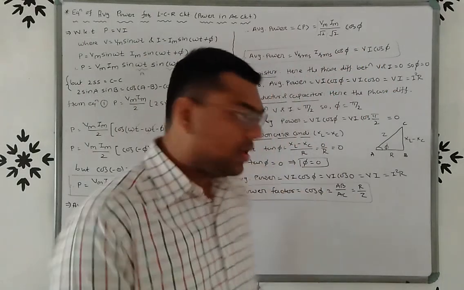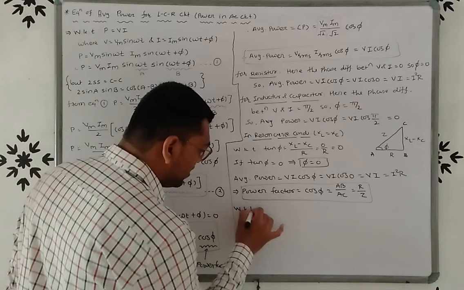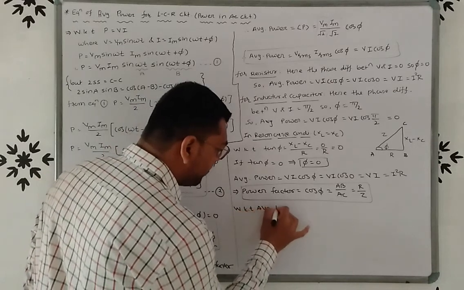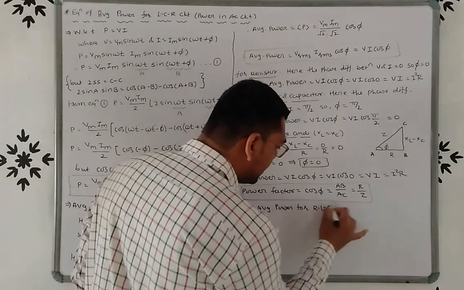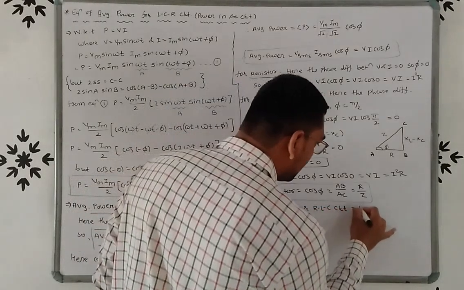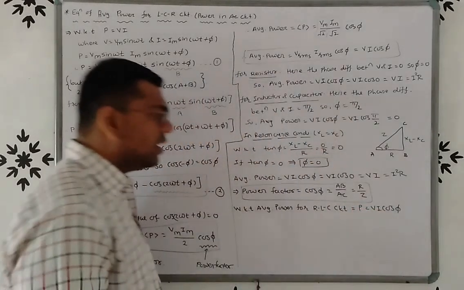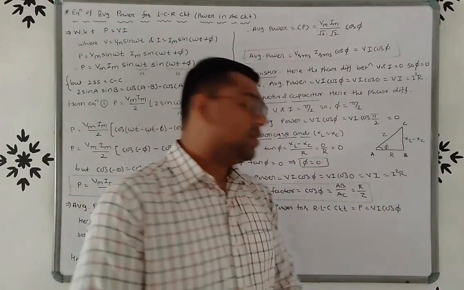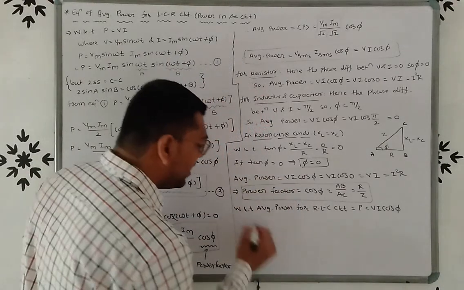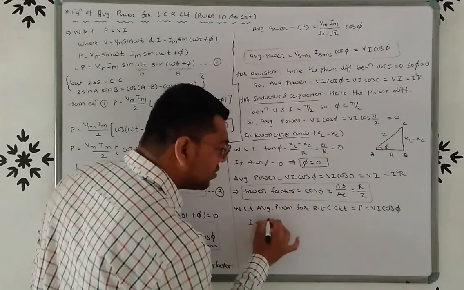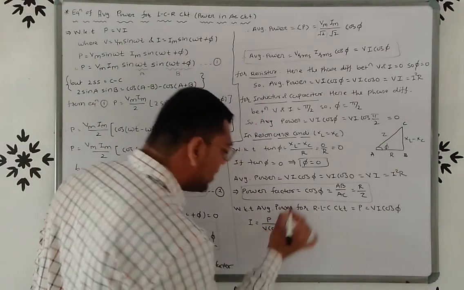So we know that average power for an RLC circuit is P equal to VI cos phi, right? Now suppose we want to find the value of current, then we have to rearrange the formula for current. So I is equal to P upon V cos phi, right?